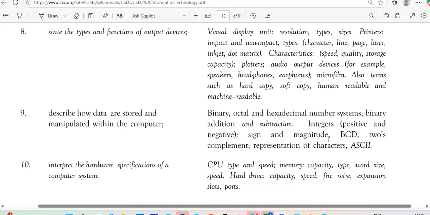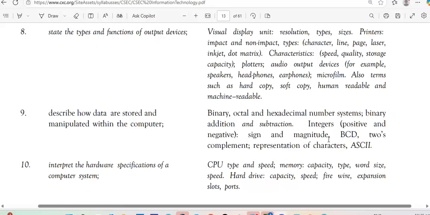Which other one can we look at? We're going to look at BCD, binary coded decimal. BCD is a way of representing decimal numbers in binary where each decimal digit is encoded into 4 binary bits.